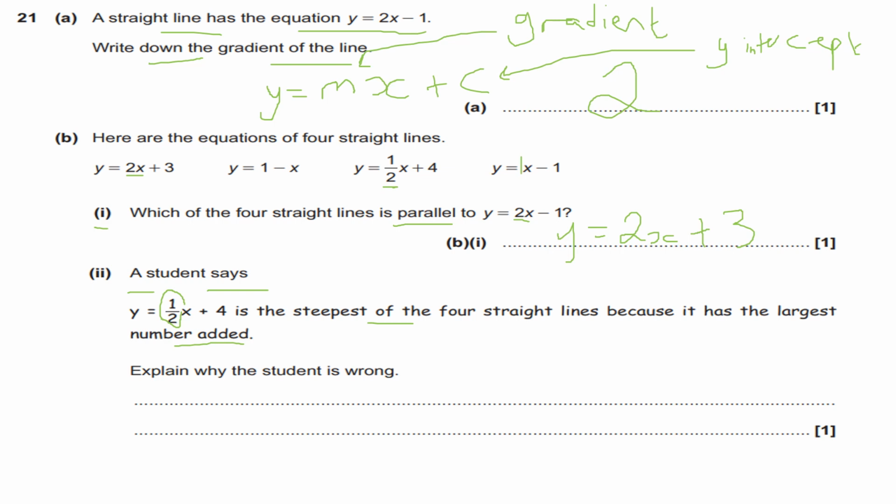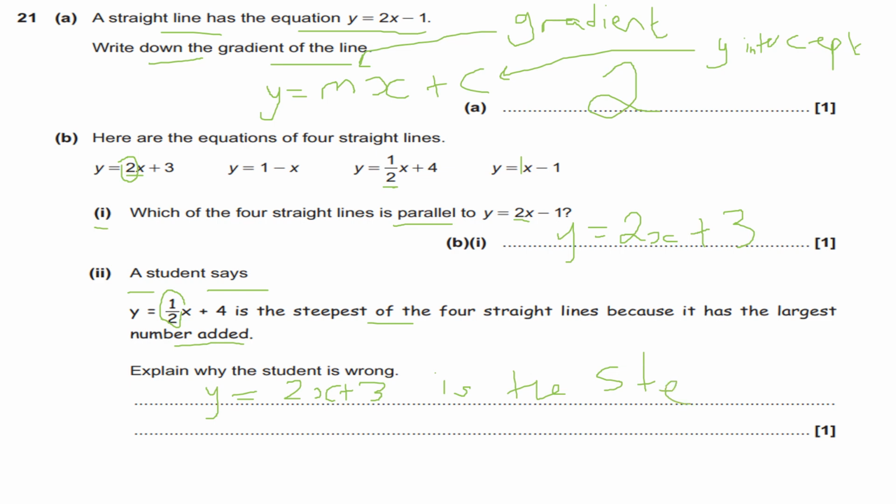So actually y is equal to 2x plus 3 is the steepest, because steepness depends on the gradient. So the bigger the coefficient of x, the bigger the number in front of the x is, whether positive or negative technically, the steeper the line is.